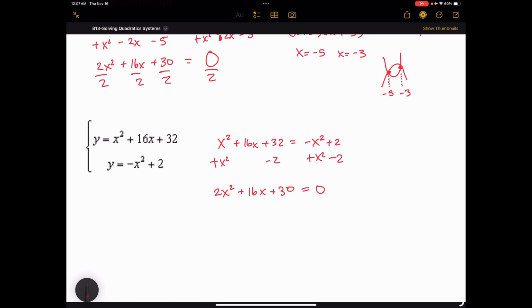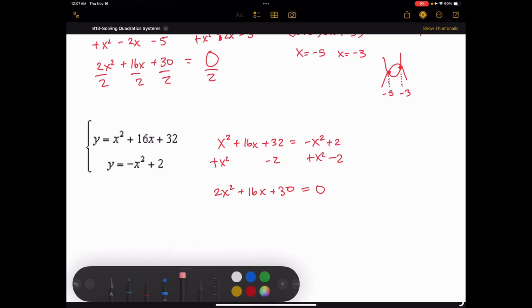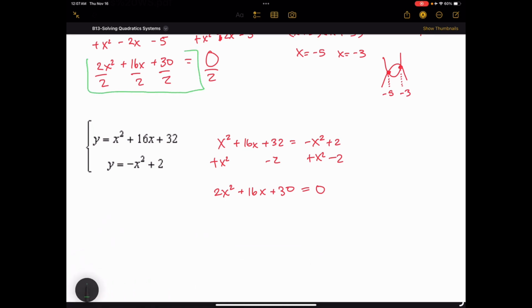How convenient is that? Okay, so this is actually the same problem we have here. 2x squared plus 16x plus 30. Okay, well, the mathematician in me is saying see number 9.